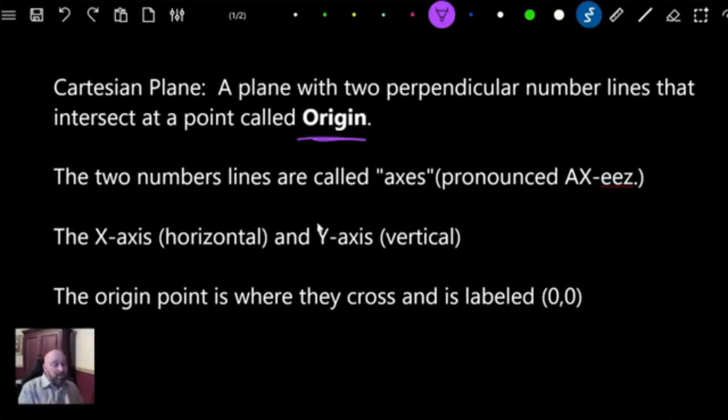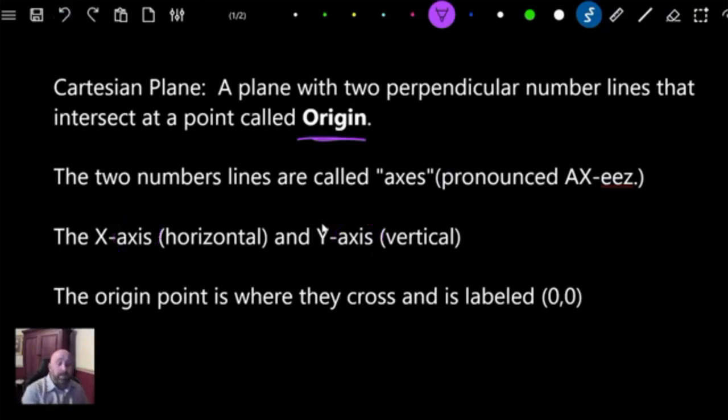These number lines are actually called axes. You'll see that's the way that we pronounce it, axes. It looks more like axes, but it's pronounced axes. And it's the plural form of the word axis.